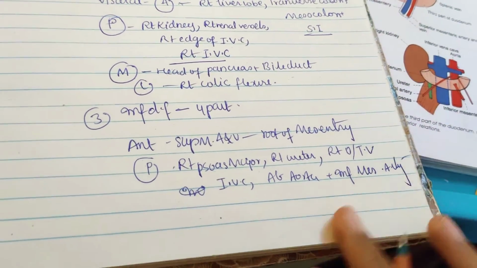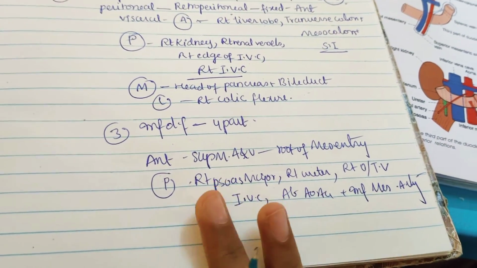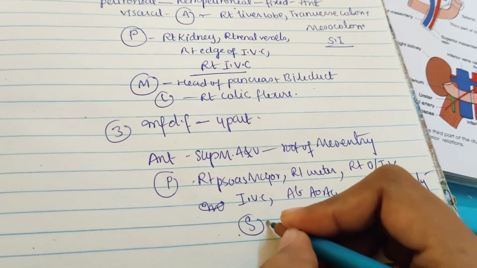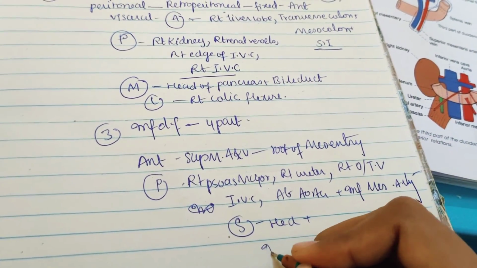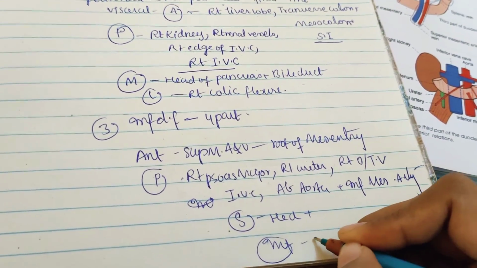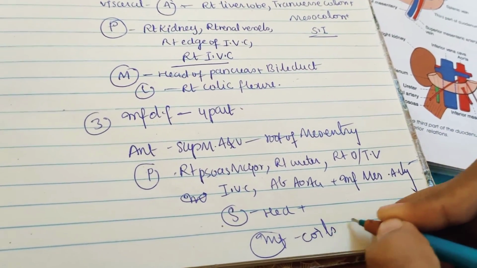So these are all the posterior relations of the third part of the duodenum. And superiorly you will see the head of the pancreas plus the uncinate process, and inferiorly you will see the coils of jejunum.